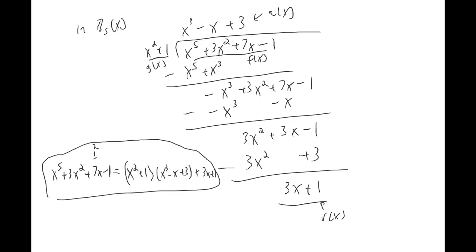Okay, everyone follow with this? And obviously the degree of the remainder is 1, and this is degree 2. So it certainly satisfies the division algorithm. This thing's degree 1.